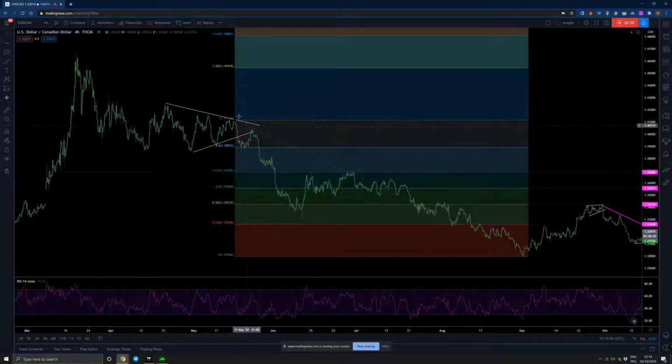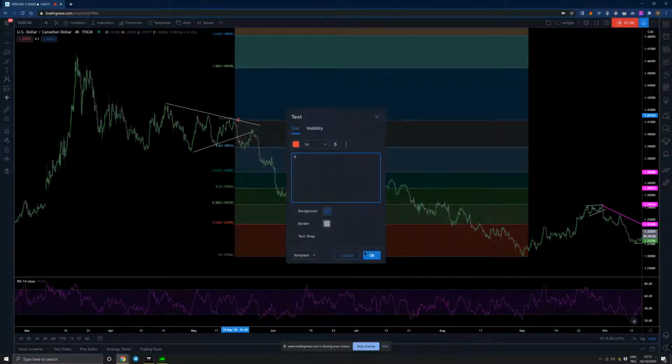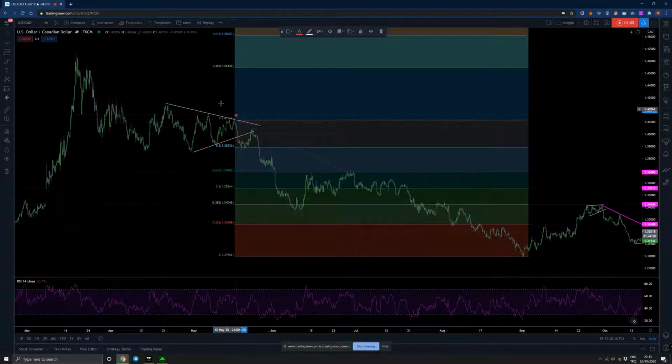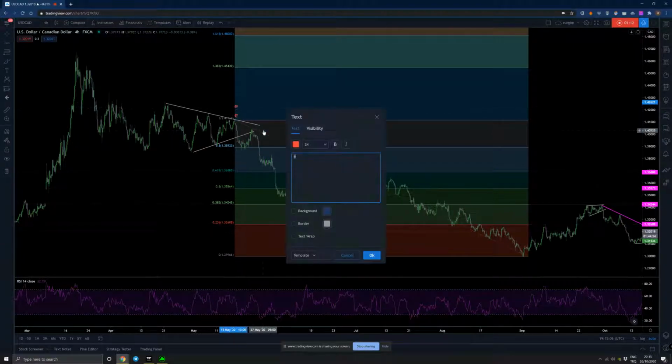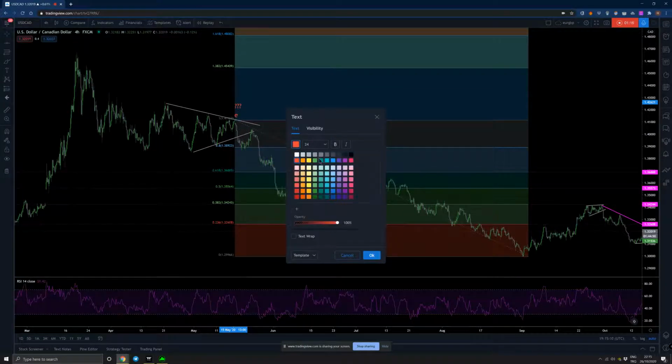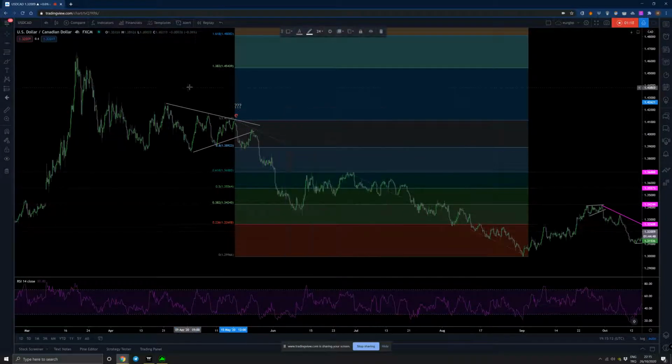So in here this triangle ends, breaks, retests, goes down. For me, this is the wave E of the triangle. So that means it finishes something here, most likely a wave B, okay? If you go back to the previous video, you will see that it ends something here, and then the market rolls over.